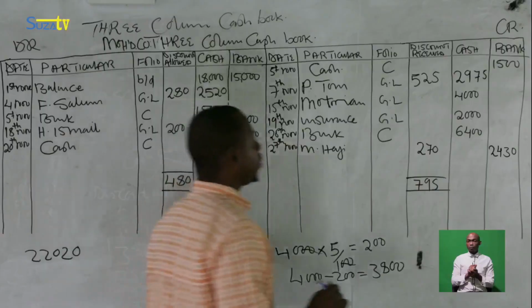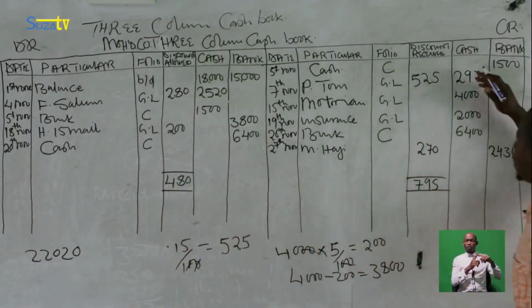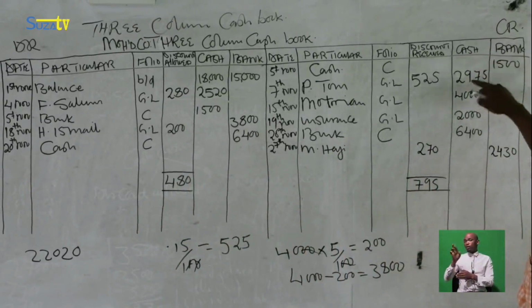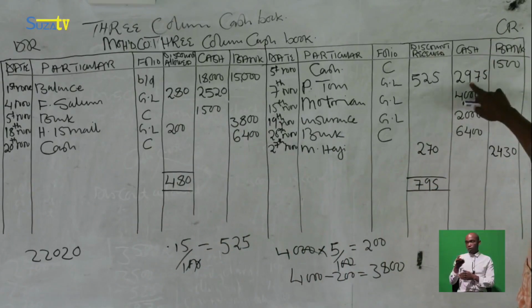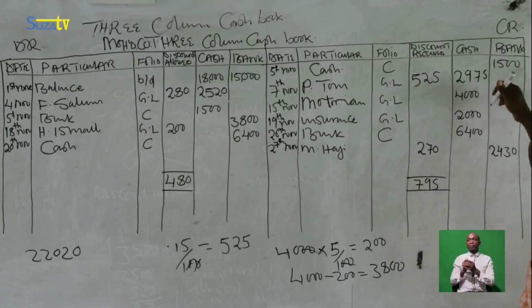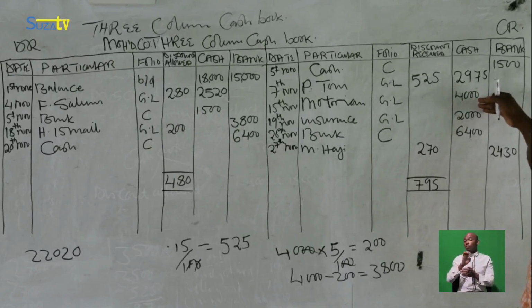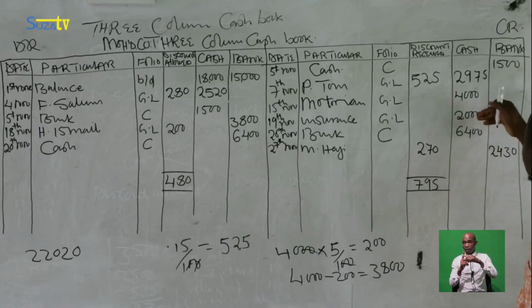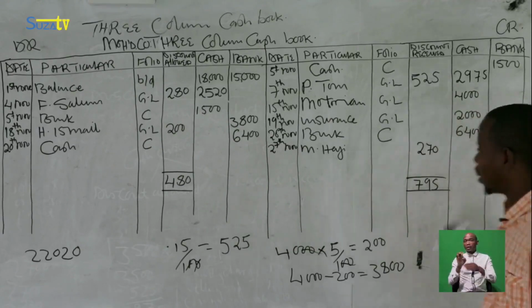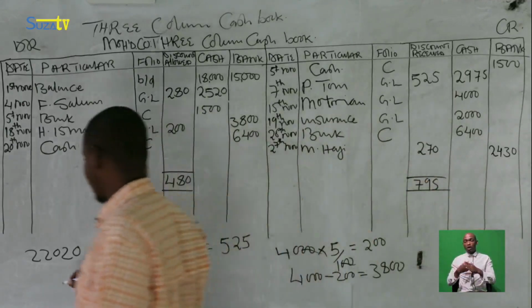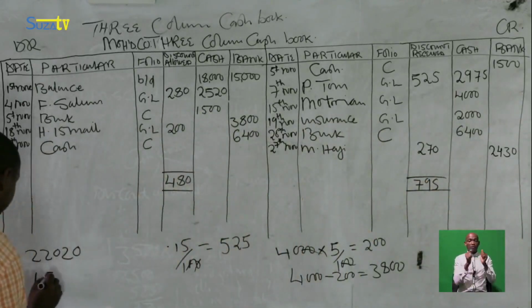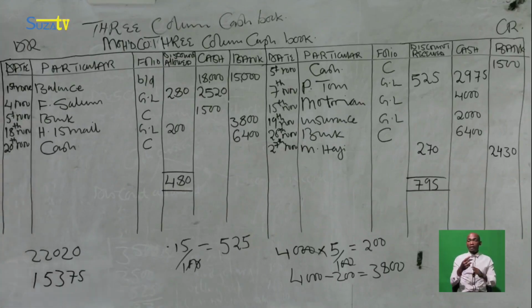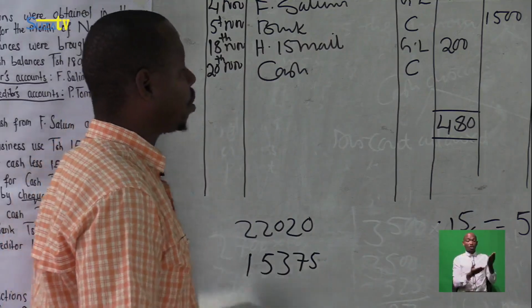And when you add at this side, the credit side of the cash book, 2,975 and 4,695, you get 15,375. You compare which one is bigger.